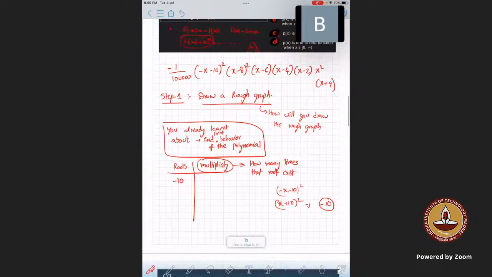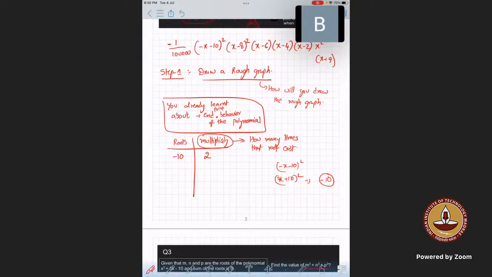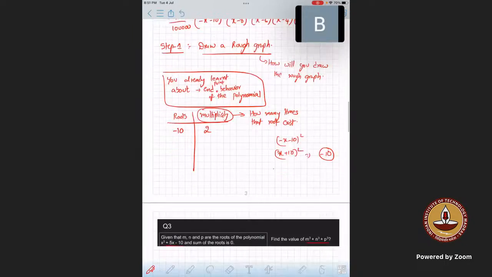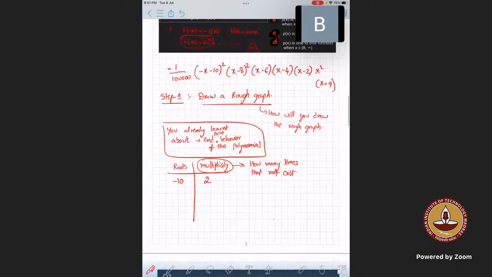Hello? Is my voice clear? Did you understand about multiplicity? Here minus 10. Why is minus 10 the root? Listen to this carefully, this is the tricky part of the question. Look, minus x minus 10 whole square.